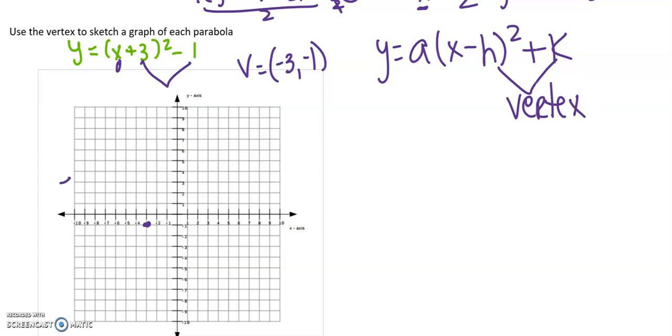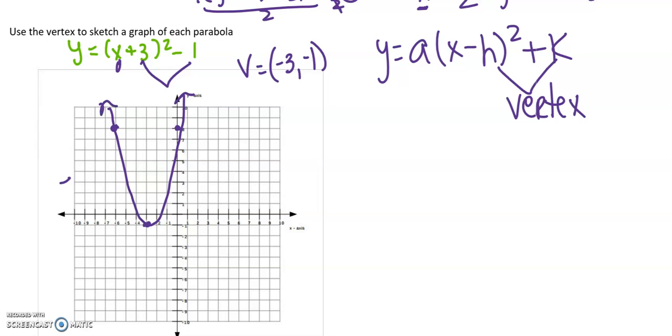So if x is 0, y is 8. All right. Now we do have a mirrored image over to the other side. Okay, you always have that mirrored image. So this is going to be your parabola.